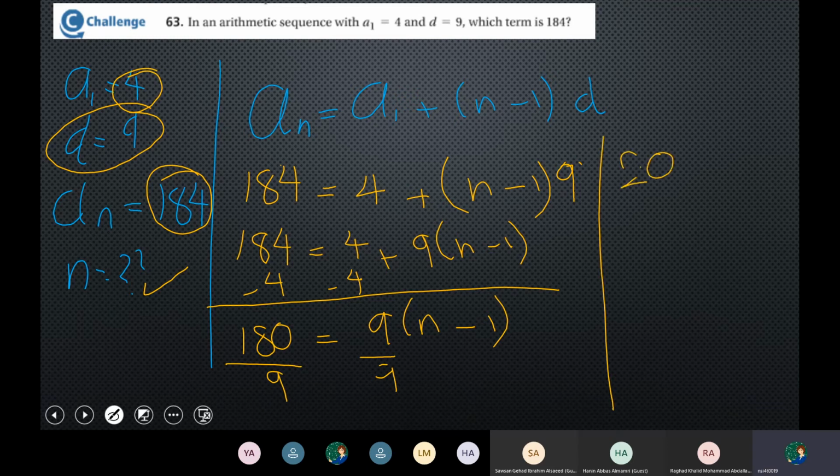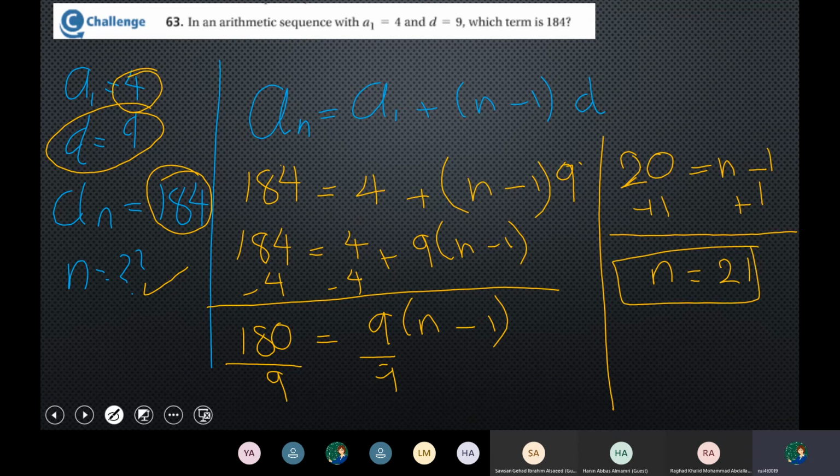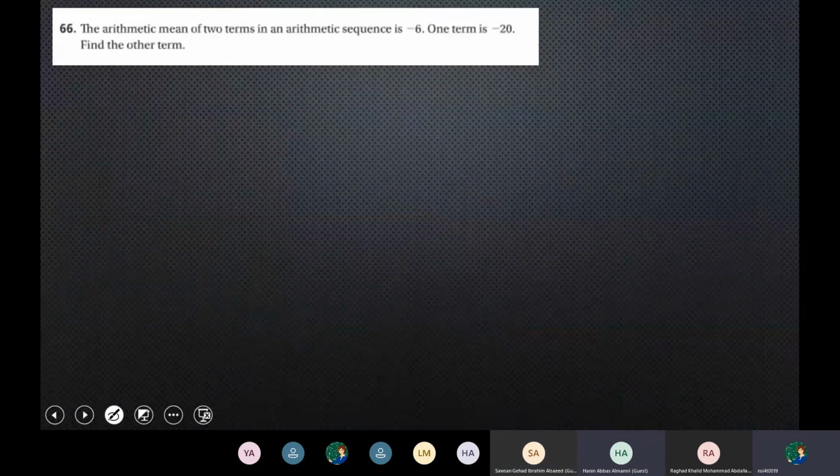You have 20 now equal n minus 1. Then plus 1, plus 1. So the number of the term now is 21. Is it clear? Yes. Okay.